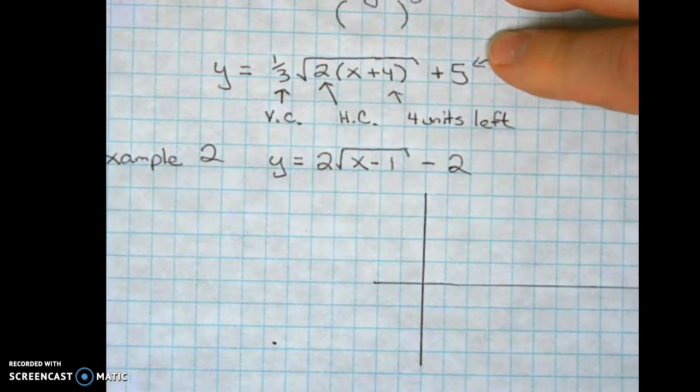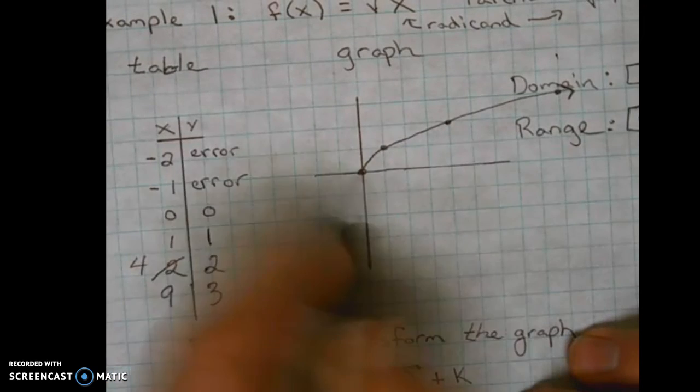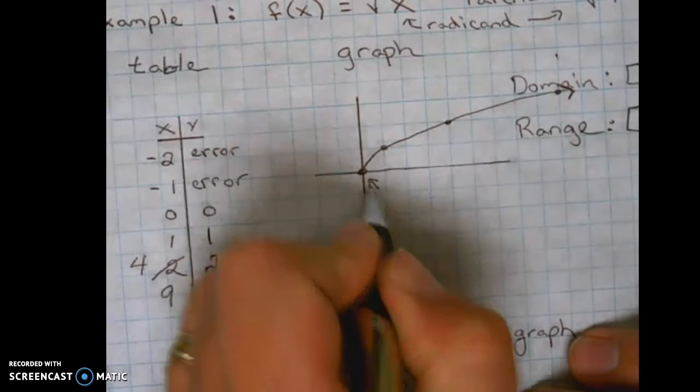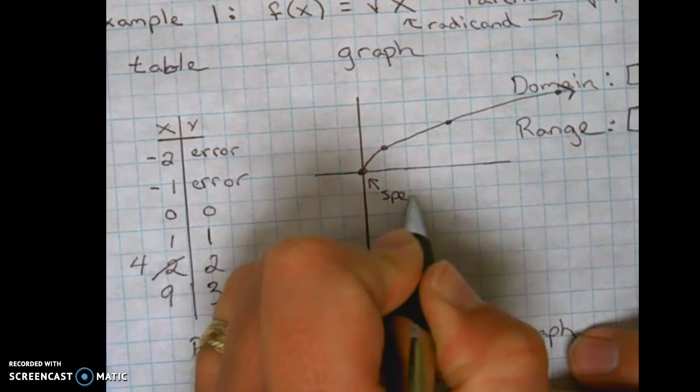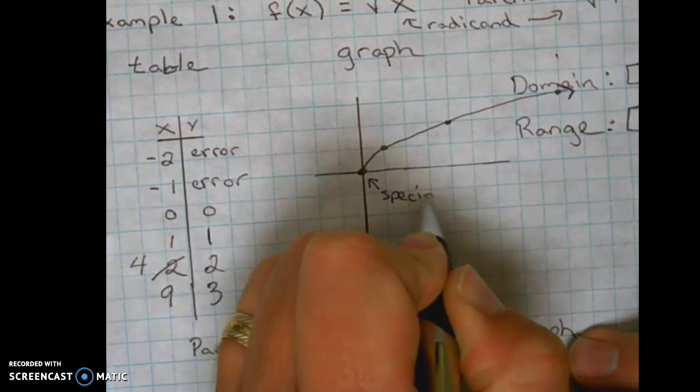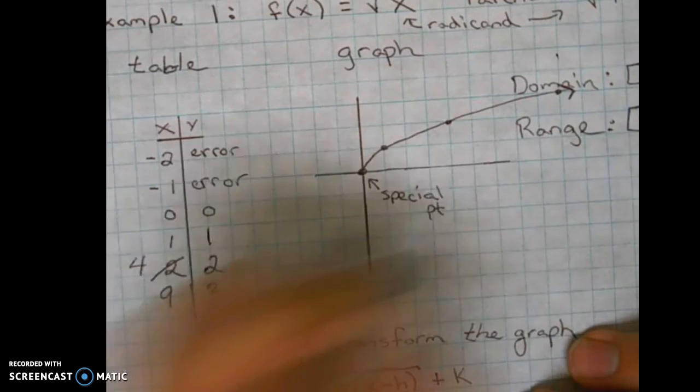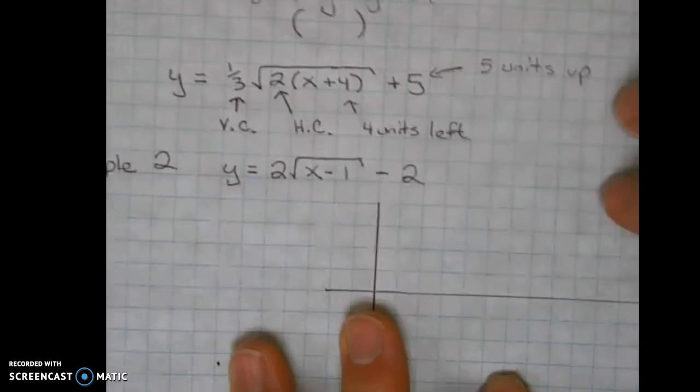Okay, so the first thing we want to do is take this starting point, and I call it my special point, because this is the point that we are going to translate, kind of like the vertex in a quadratic function.